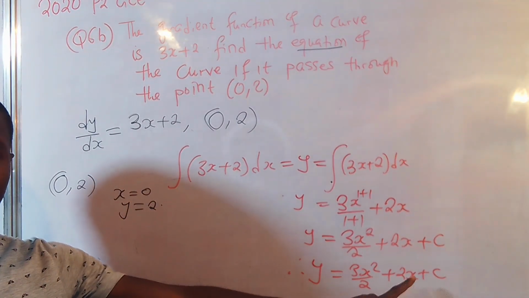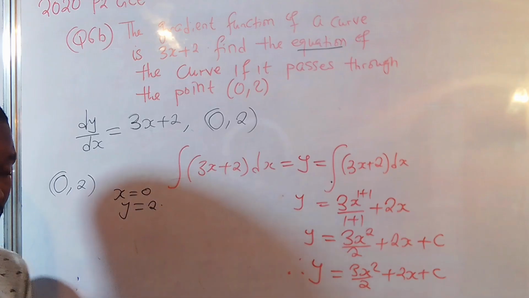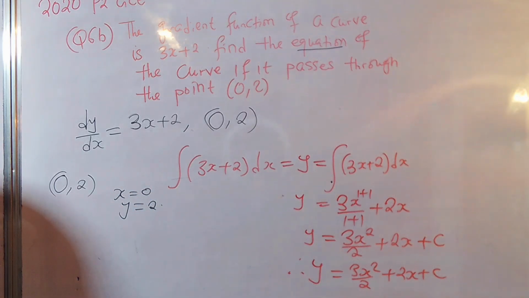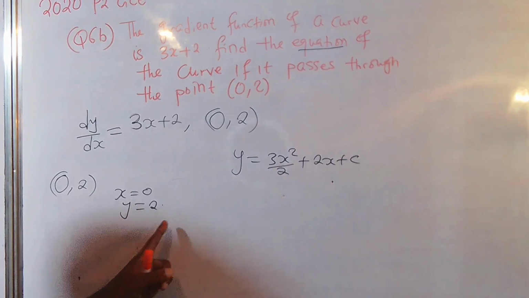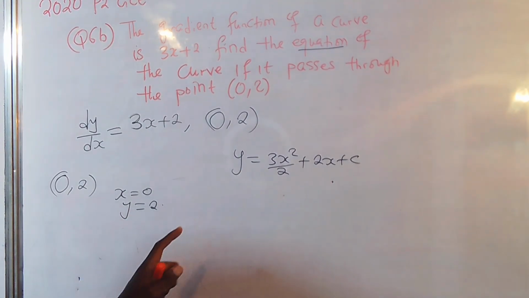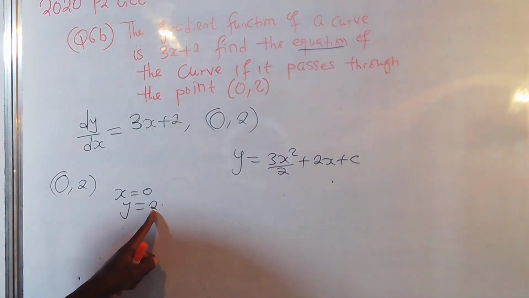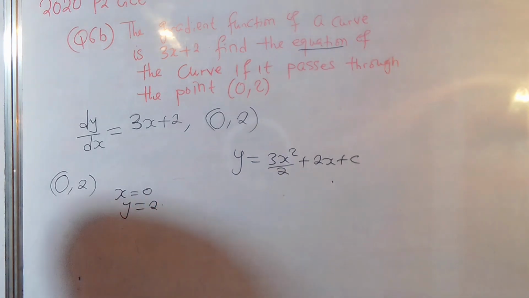Where there is x, you put 0, and where there is y, you put 2, so that you can find the value of C.